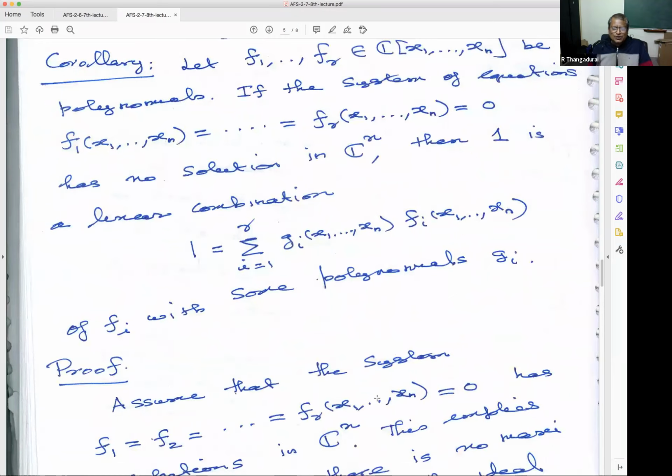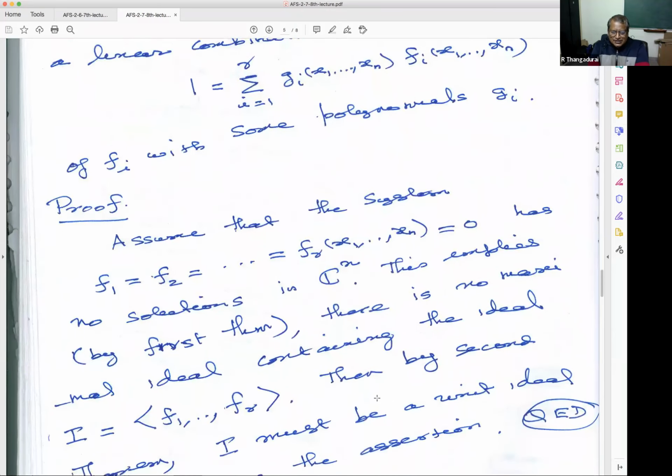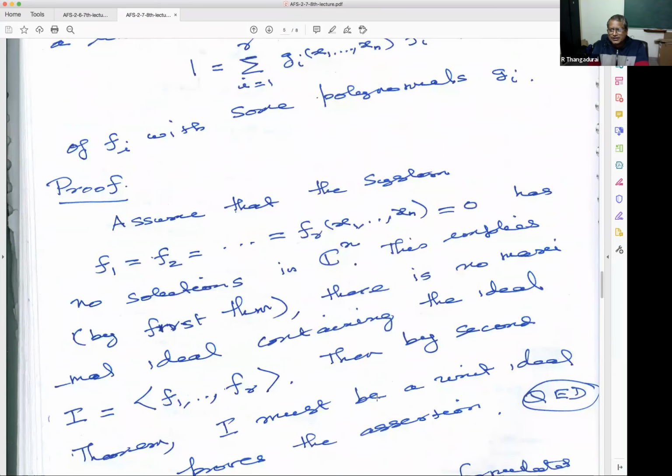So why is it? Assume that the system has no solution. The system having no solution implies there is no maximal ideal containing the ideal (F1, F2, F3, ..., Fr). Why? Because if there is no common solution, the previous theorem says that if I go modulo this, there is no maximal ideal.